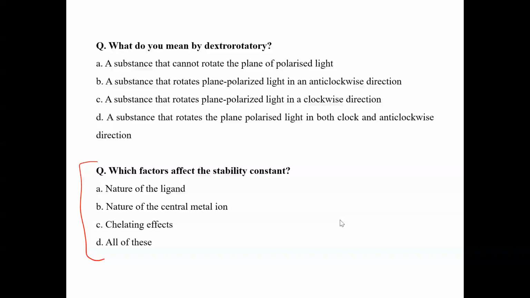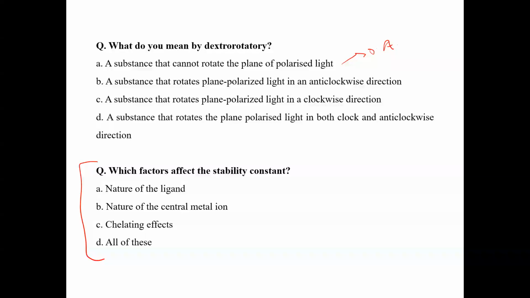So you know a substance that cannot rotate the plane of polarized light will be optically inactive. Okay, and a substance that rotates the plane polarized light in both clockwise and anti-clockwise directions will be a racemic mixture.